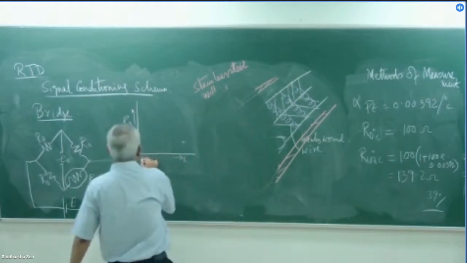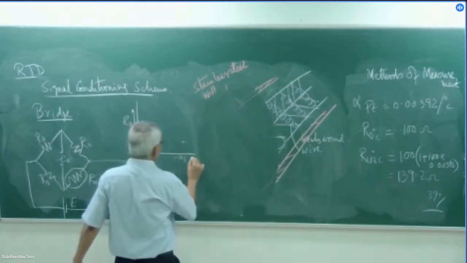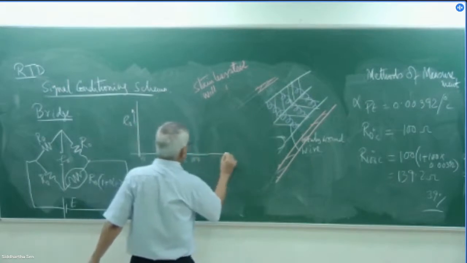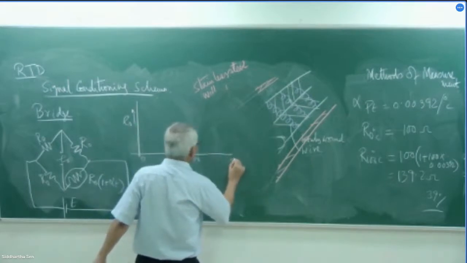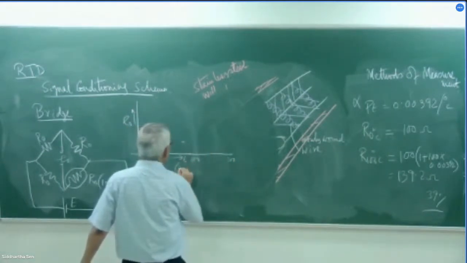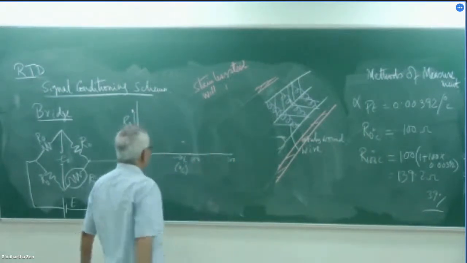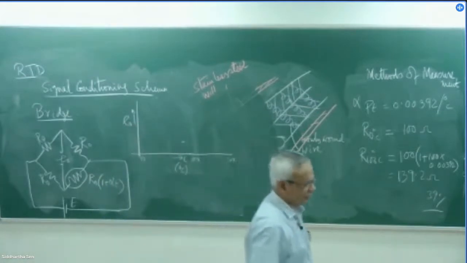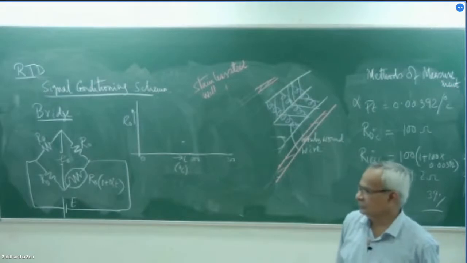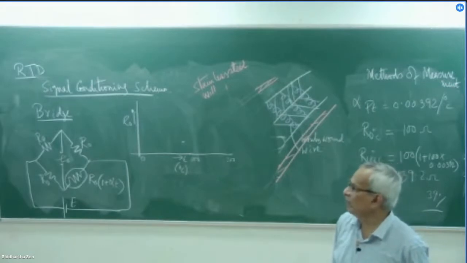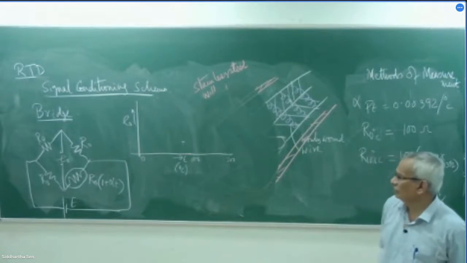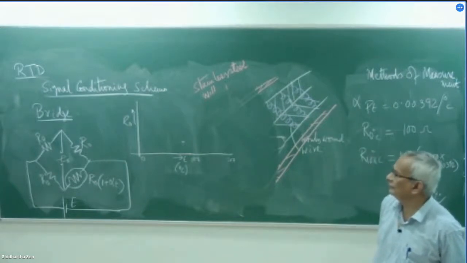Say suppose the temperature range is 100 degrees Celsius, maybe 200 we can go for, but 100 degrees Celsius is sufficient. Will the E0 versus T characteristics be linear? I want the answer from the students. Will it be linear?